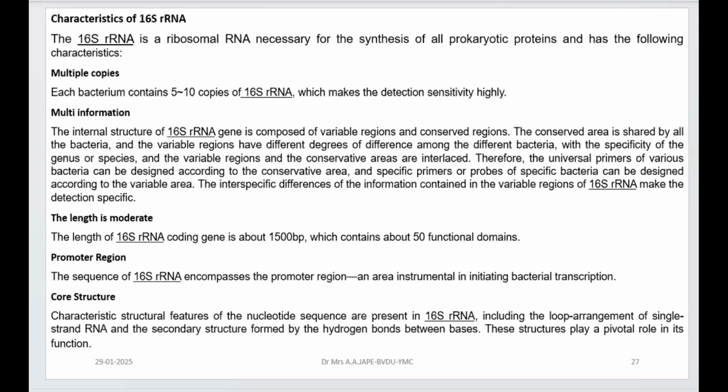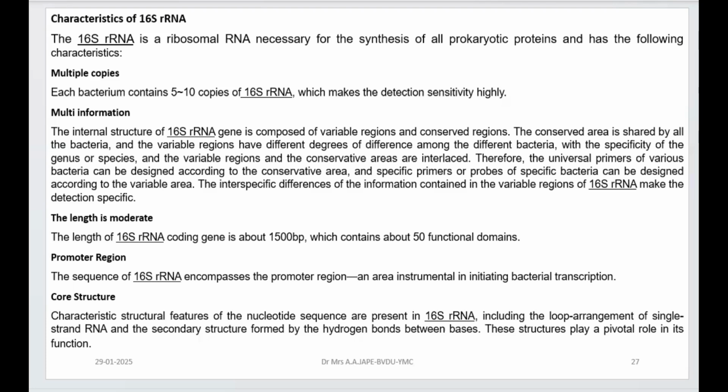The sequence encompasses the promoter region, which is very important in expression of the gene, or initiating the transcription. The core structure features of the nucleotide sequence present in 16S rRNA include loop arrangement of single stranded RNA and the secondary structure formed by hydrogen bonds between bases. This is the basic information which you have learnt about 16S rRNA in earlier classes.